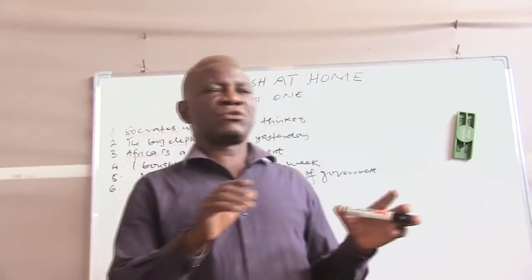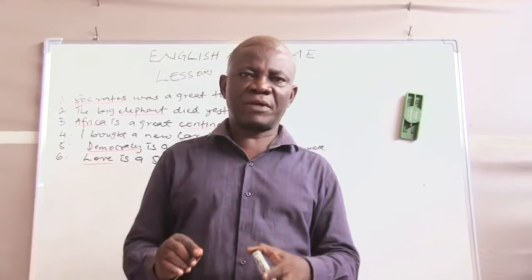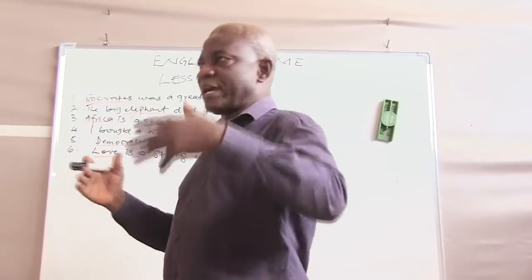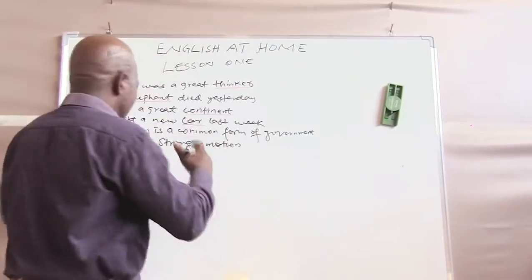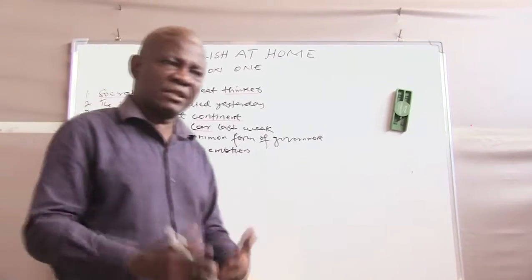Anybody who does not know the parts of speech will definitely never know grammar. You can't know English if you don't know the parts of speech. So when you know the parts of speech and you are able to identify them one by one, then you have started your journey into knowing good English.